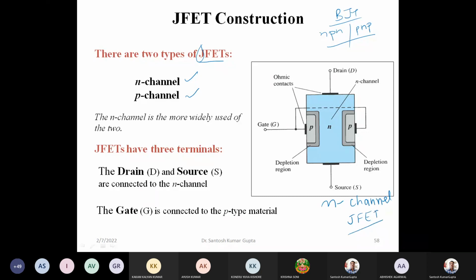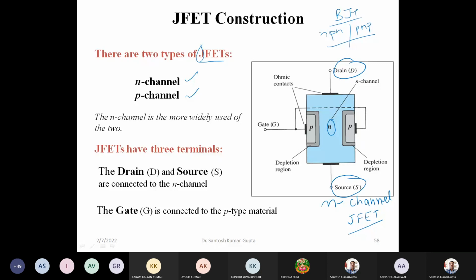If we look at the cross section here, we can see there is something called the N channel between two regions.